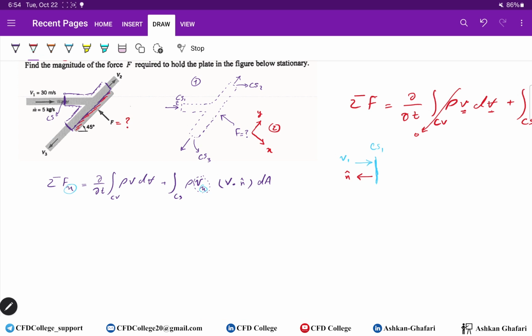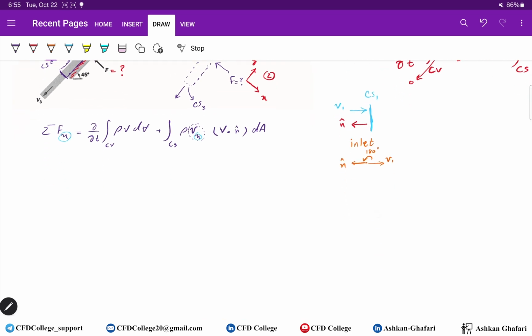So here at inlet, this is V1, this is N, and we have 180 degrees between these vectors. So V dot N at inlet is always minus V, and this V is the magnitude.